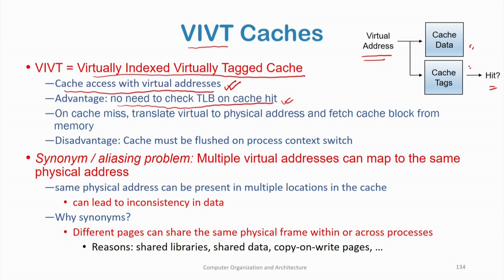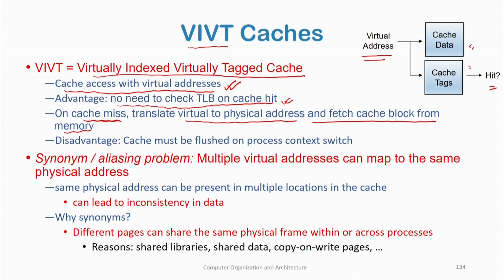However, on a cache miss, I need to translate the virtual address to a physical address by going through the TLB. If there is a TLB miss, I go to memory, bring back the page table entry, and then fetch the cache block from memory. Because when there is a cache miss, the data I required is not in the cache.